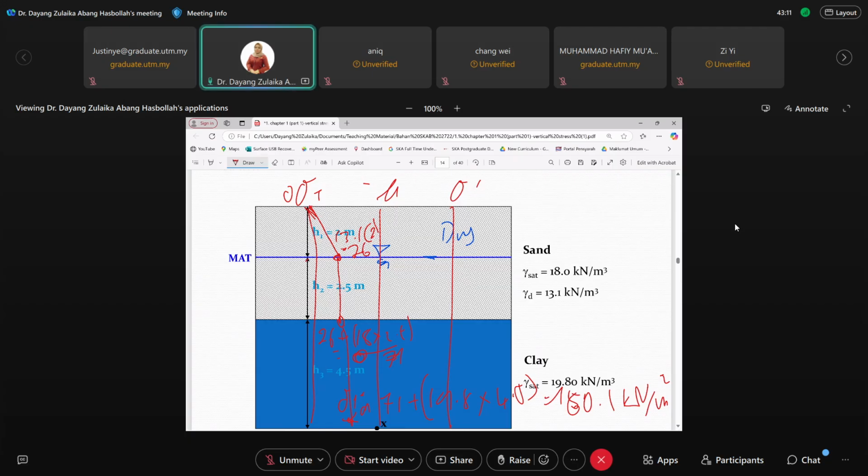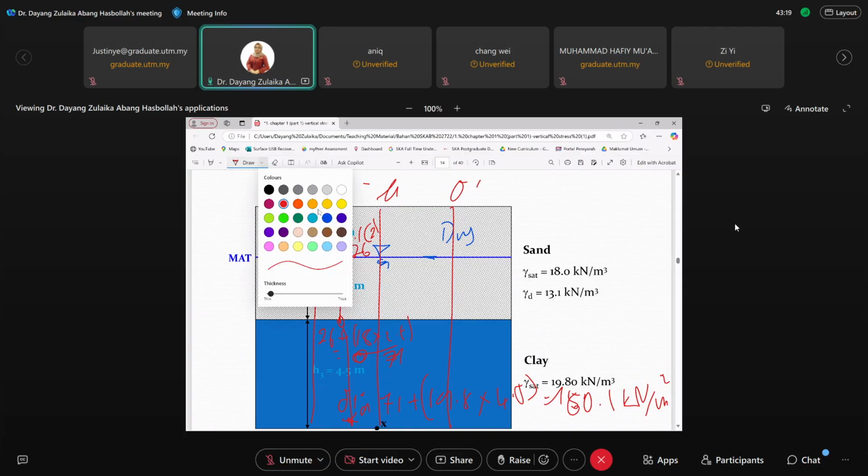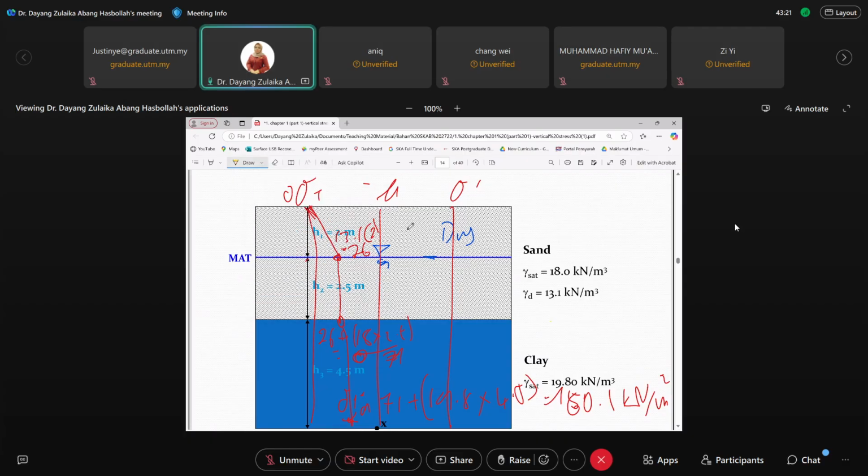Okay, let's calculate the pore pressure now. Let me use another color, yellow. So our groundwater table starts from this layer. So our pore water pressure will start from 0 here, to the next layer until here, which is 9.81 times 2.5.